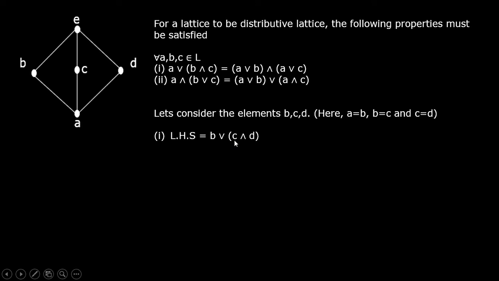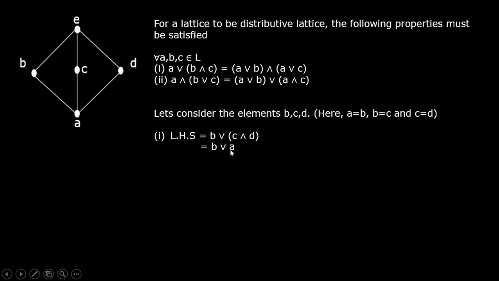C and D means the greatest lower bound of C comma D. If I trace downwards, C and D meet at A, the first meeting point of C and D. So clearly the greatest lower bound of C comma D is A. So that means I can write B or A.